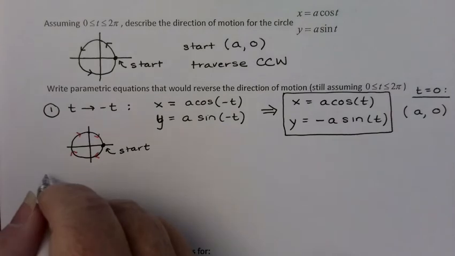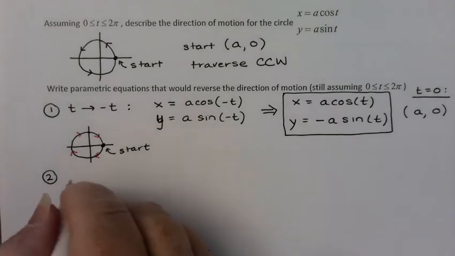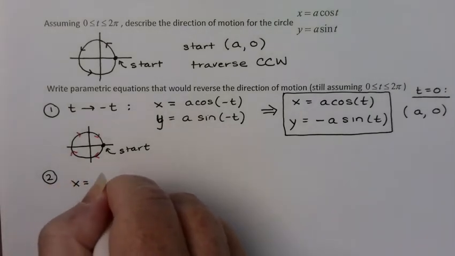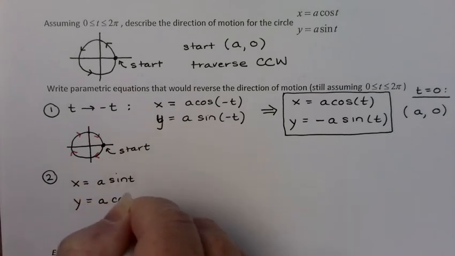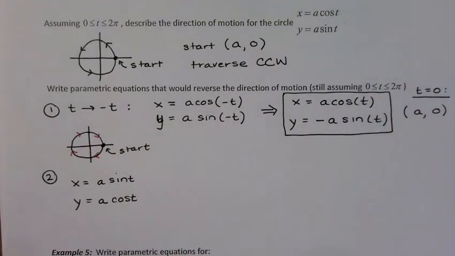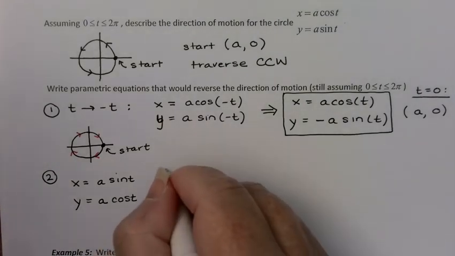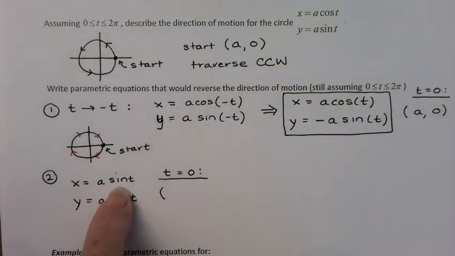There's a second way of getting clockwise motion. This one's not as easy to figure out just based on the parameters, so I'm just going to tell it to you and we're going to kind of verify. What if this time I let x equal a sine t and I let y be a cosine t? So I've literally reversed the definitions of the x's and y's. This time, at t equals 0, notice again, sine of 0 is 0, cosine of 0 is 1, so my y value is going to be a.